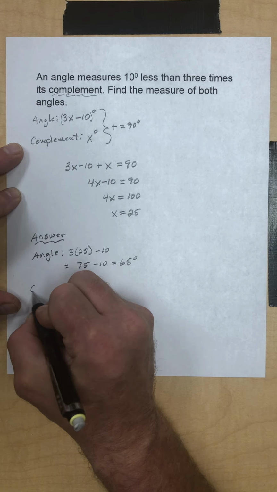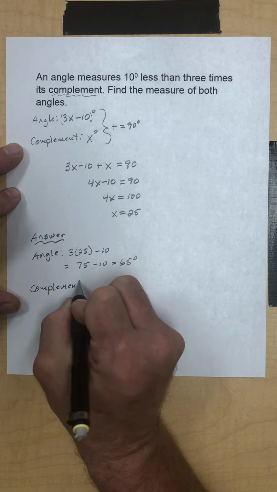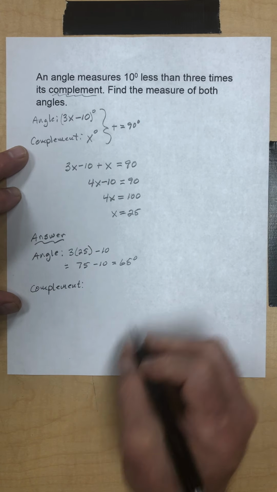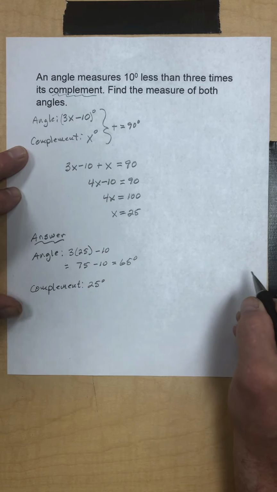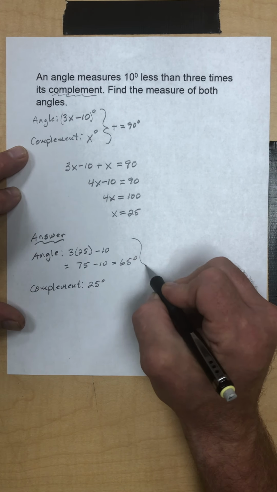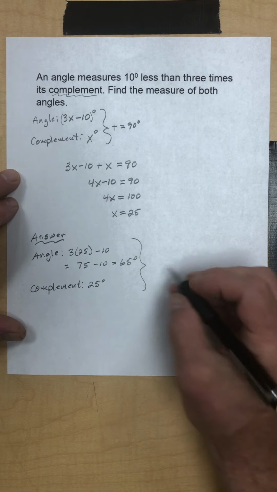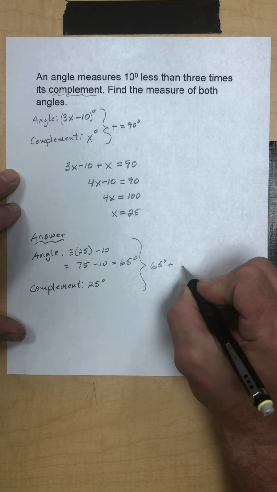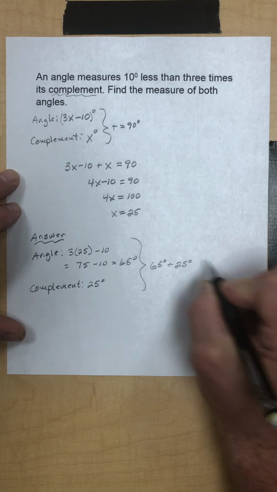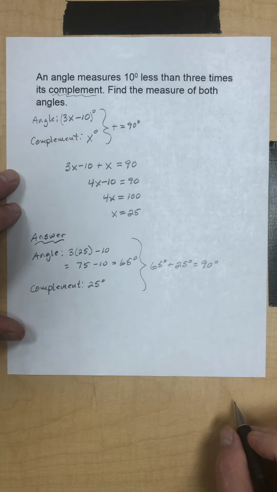And then the complement, well, that's just x, and x is 25, so that's going to be 25 degrees. And again, notice that these two angles are complementary, so they have to add up to 90 degrees. One of them measures 65 degrees, the other measures 25 degrees, and when you add those, you do get 90 degrees. So we're in good shape.